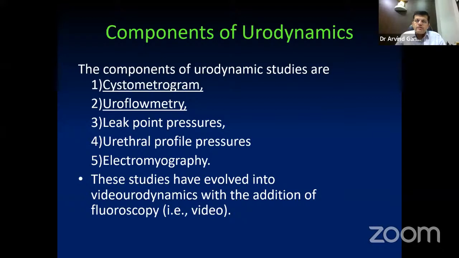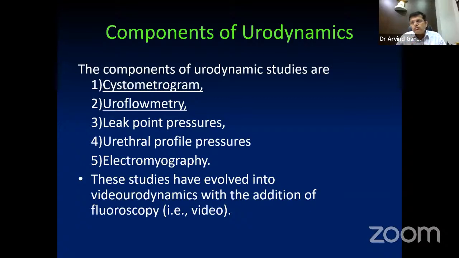Whenever we say urodynamic study, we have to be very specific when we order it. You have to mention whether you want a CMG with an EMG or just a CMG. So the components of an urodynamic study are a cystometrogram and a uroflowmetry. I myself have been trained by Dr. Anita Patel and Dr. Dastur.